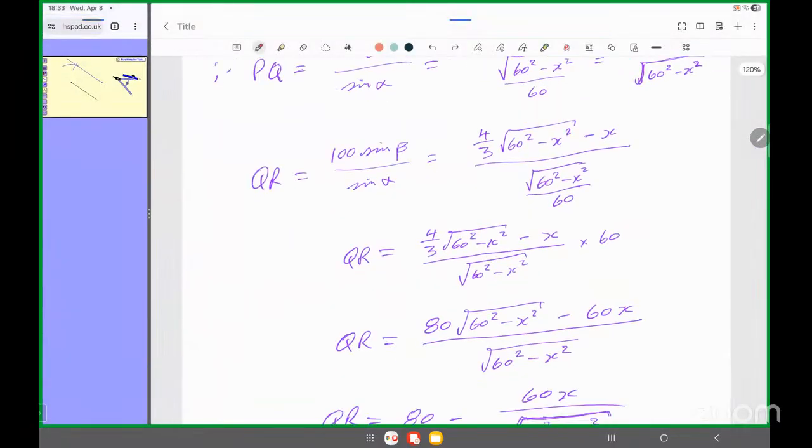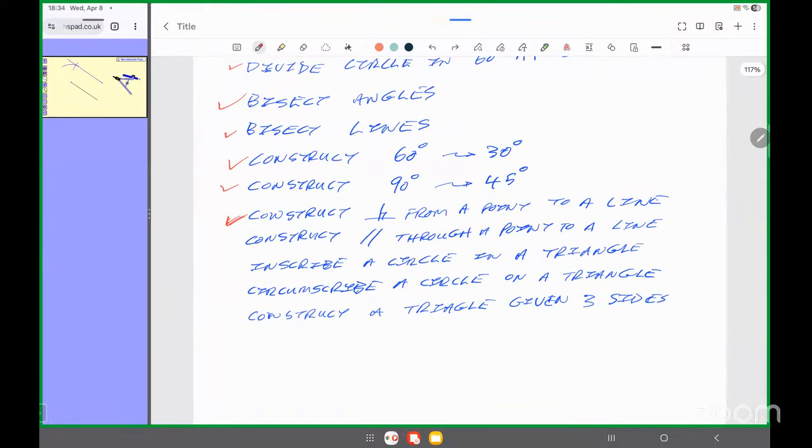Next thing we have to be able to do, so we just did this, is inscribe a circle in a triangle. To inscribe a circle, you bisect two angles to find the center of the circle. So make a note. To inscribe a circle, you bisect two angles of the triangle to find the center of the circle that you're going to draw.